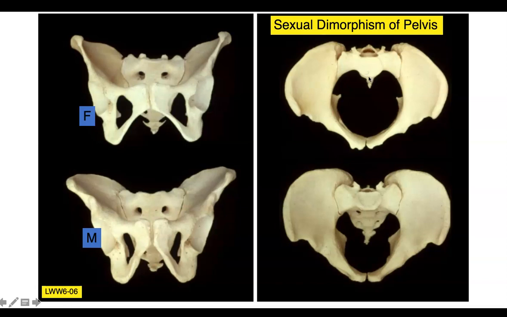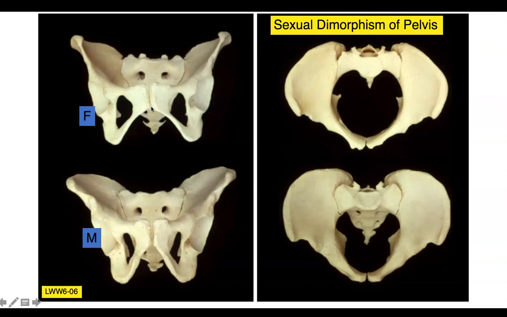You can see here in the female pelvis, the pelvic inlet and also the pelvic outlet are wider for childbirth. But in the male pelvis, the pelvic inlet is narrower and heart-shaped, and the pelvic outlet is also narrower than in the female pelvis.